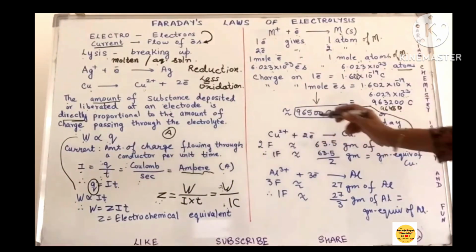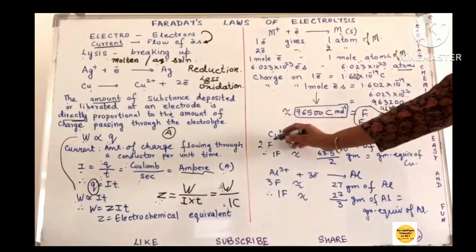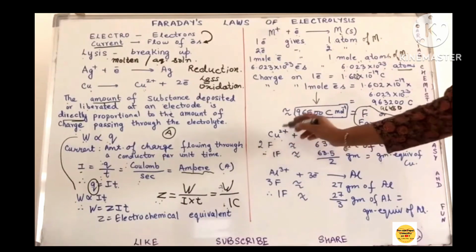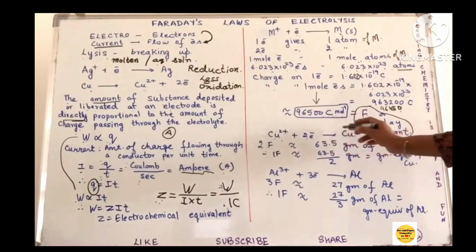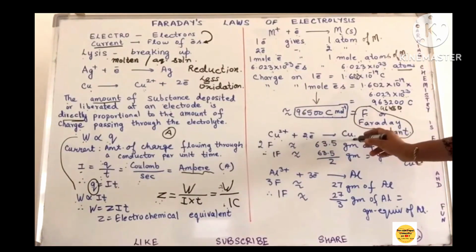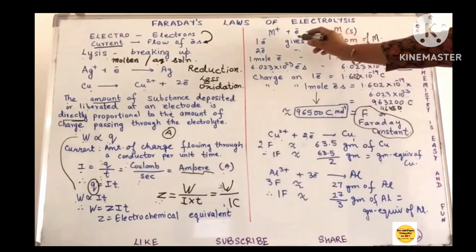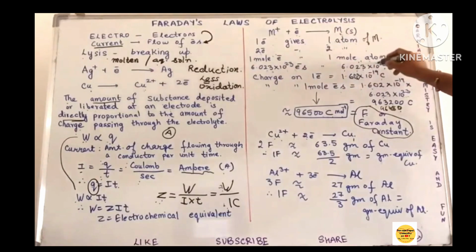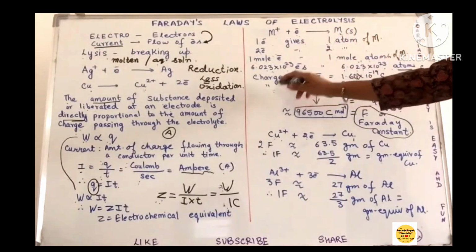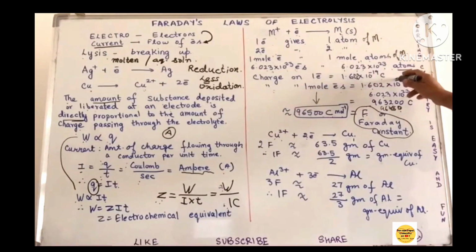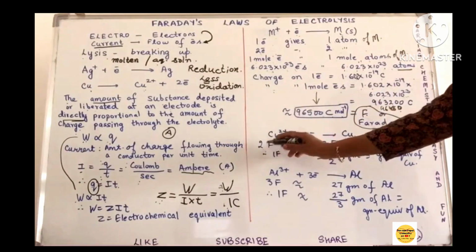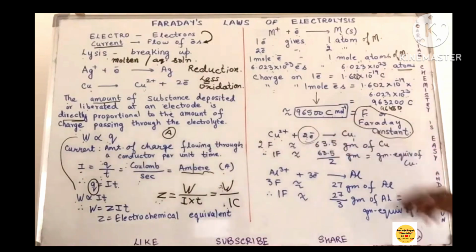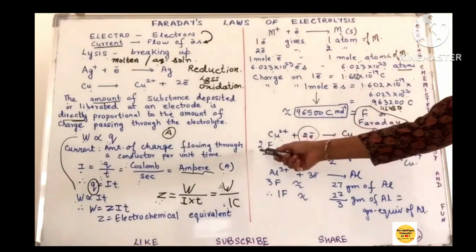Now take a more specific example. Let's say I am talking about Cu2 positive. If it gains 2 electrons, it changes to Cu. In other words, if you saw here, 1 electron, 1 atom, 2 electrons, 2 atoms, 1 mole means 1 mole. In other words, 1 Faraday of charge corresponds to 1 mole of the atom, equal to the atomic mass. Yes. 2 Faradays here, if you are passing 2 moles of electrons, we are just taking it as Faradays.